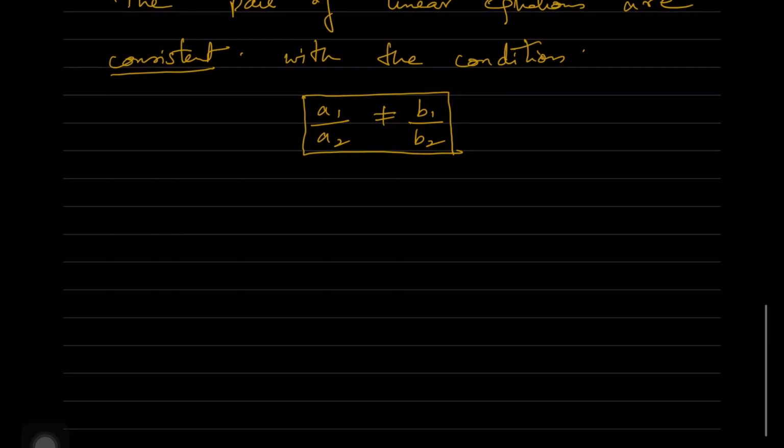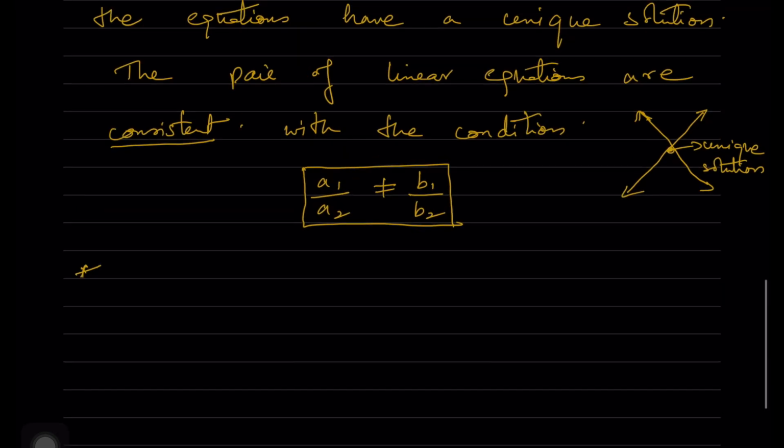So when two lines intersect, like this type of cross, you'll have a unique solution at a point. So they're consistent, and they intersect each other with the condition a1 by a2 is not equal to b1 by b2.